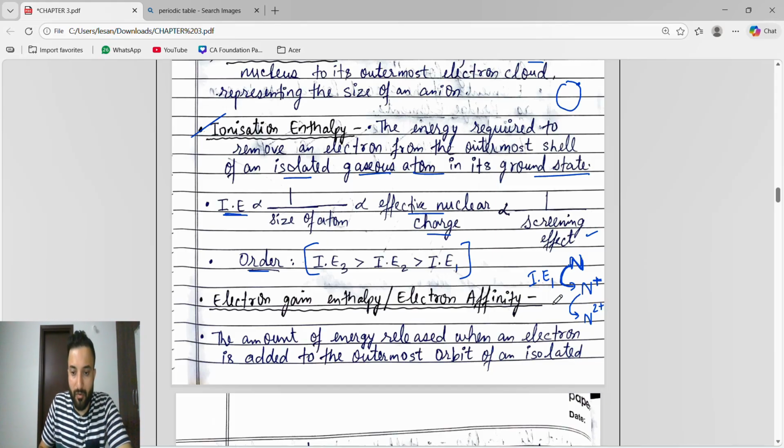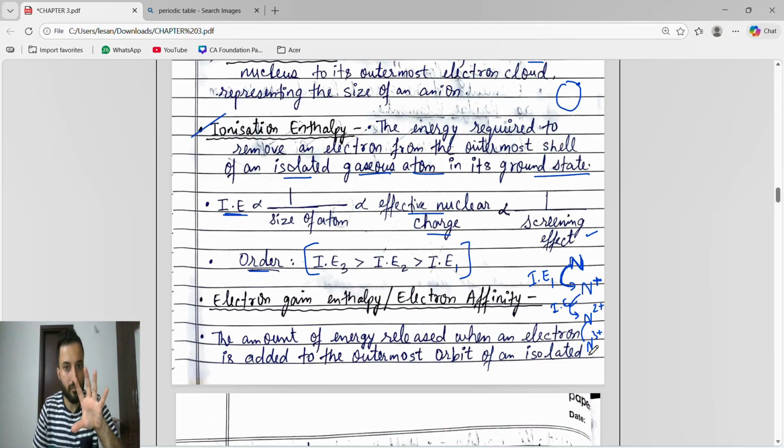This step is called second ionization enthalpy. Again I remove one more electron from N2 plus, it becomes N3 plus, and this step is called third ionization enthalpy.